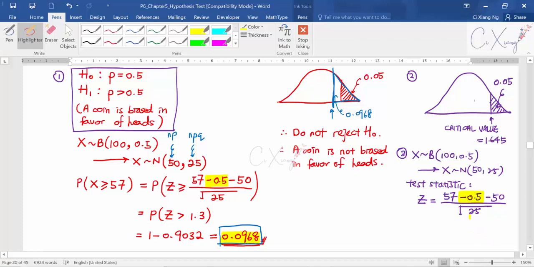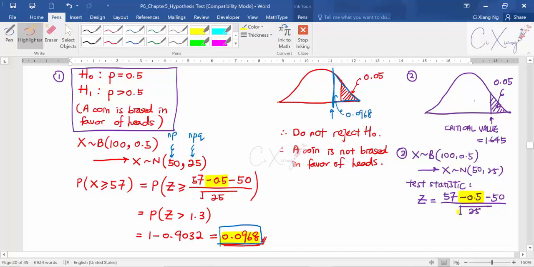In my opinion, if you want to use the critical value method to run the test, this is the part that is quite troublesome for me, because without the sign, here I always write equal. When you want to calculate the p-value, you write out the sign, greater equal. So the greater equal tells you easily what kind of continuity correction you want to make, either plus 0.5 or minus 0.5.